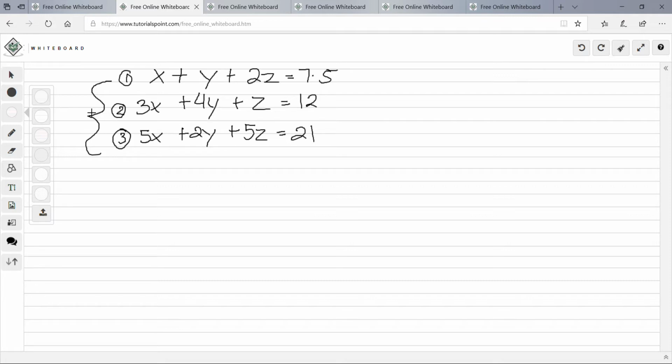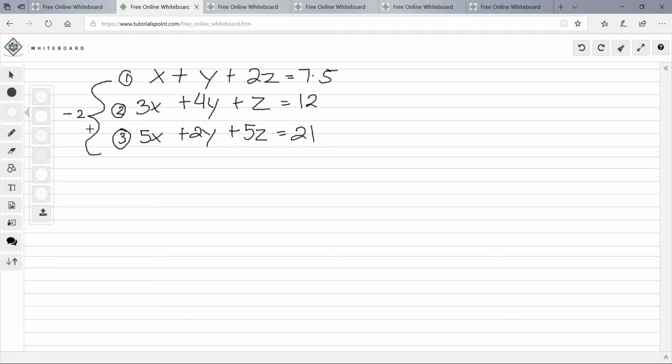So let's look at equation 1 and equation 2. What can we get rid of? Let's get rid of z. How would I get rid of z? I would have to multiply equation 2 by -2, right?